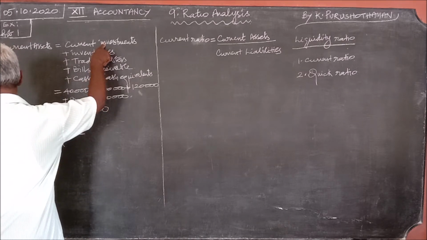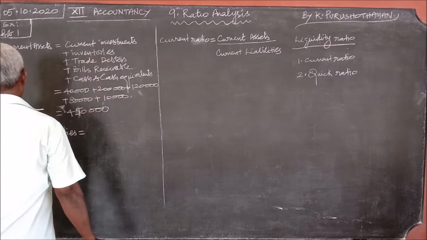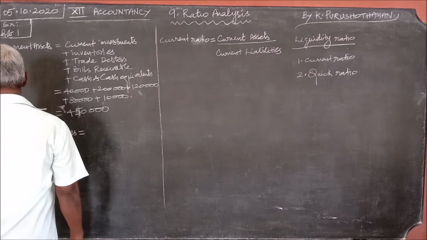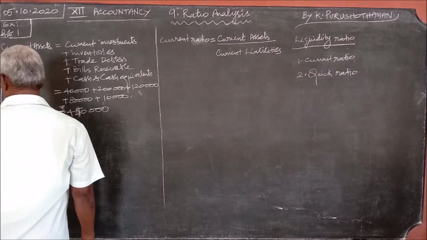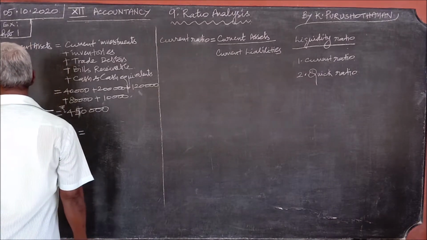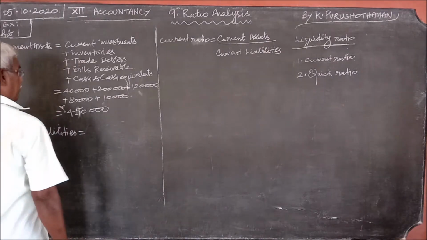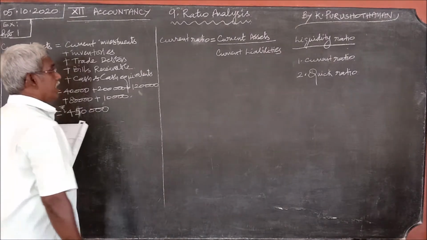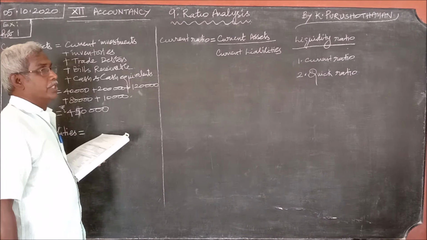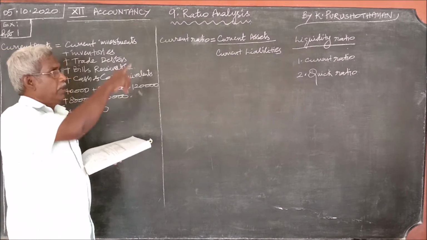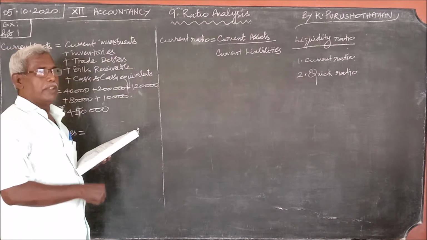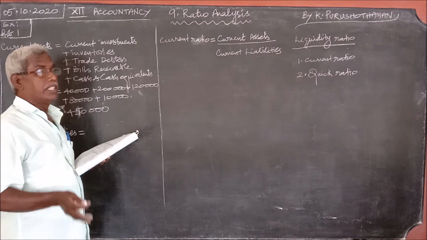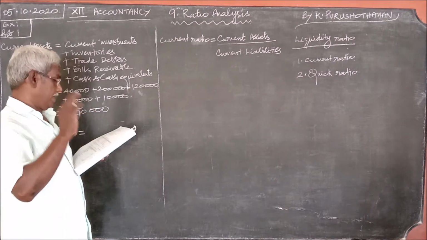Current investments 40, 240, 360, 440 plus 10, 4,50,000. Then current liabilities. The next term given is here fixed assets. Current assets and fixed assets are opposite to each other. In the formula only current assets are given, and therefore we should not consider the fixed assets, leave it.